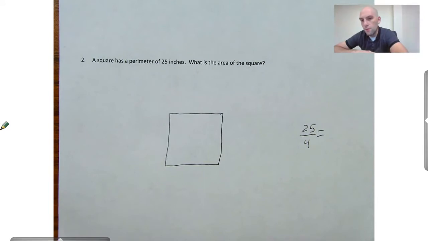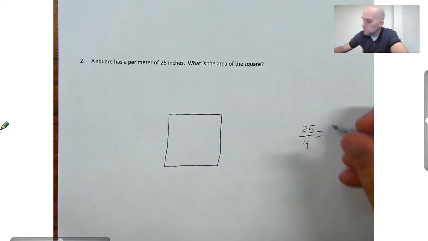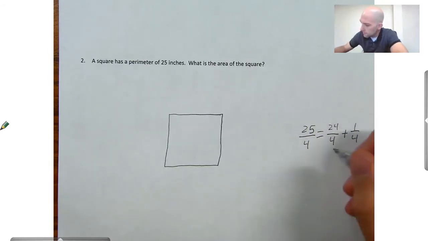So how many times does 4 go into 25? Well, I know 4 goes into 24 6 times. 4 times 6 is 24, with 1/4 left over. So I'll have 24/4, which is 6, plus 1/4, which is going to be 6 1/4 inches on each side.